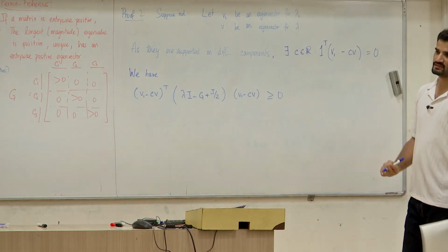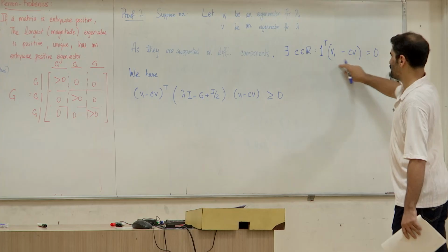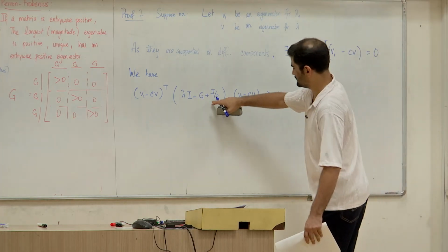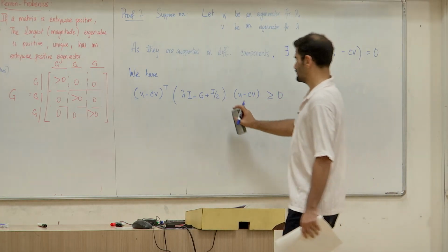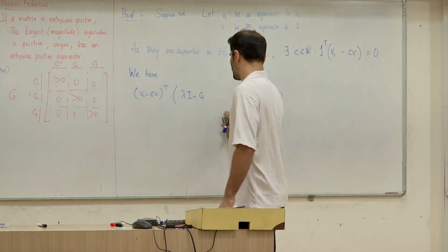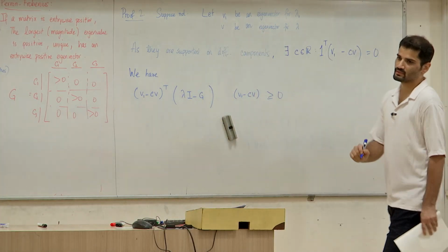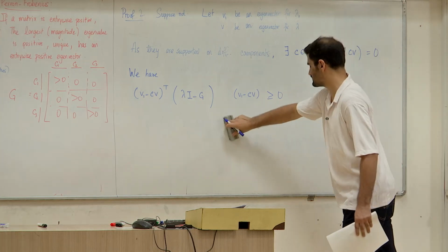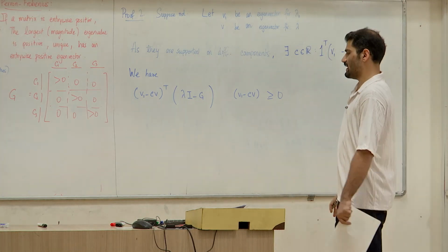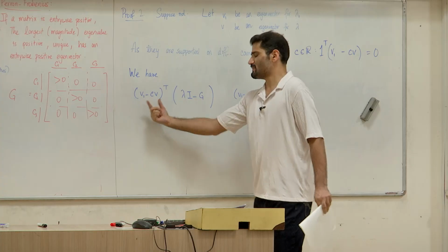I want this sum to be 0, which means this J term will just vanish. So this is non-negative.